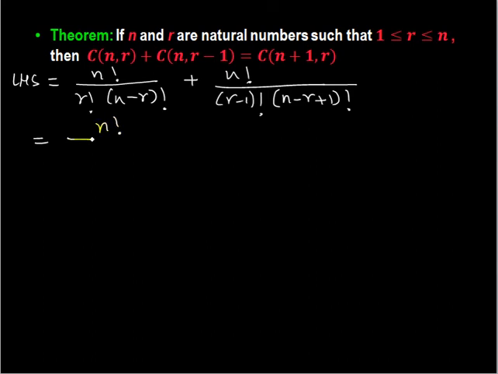So for that, we will be making some changes in these expressions. If you see, r factorial is larger than r minus 1 factorial, or we can say r is a natural number succeeding r minus 1, so one more than r minus 1. So the greater one you are going to expand. r factorial I will write as r into r minus 1 factorial.